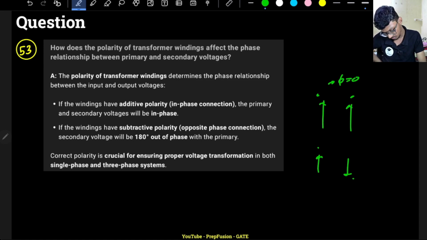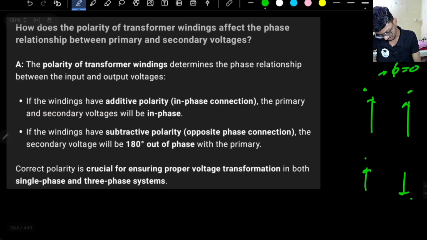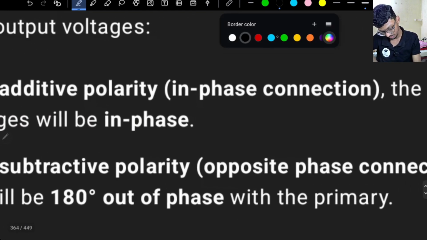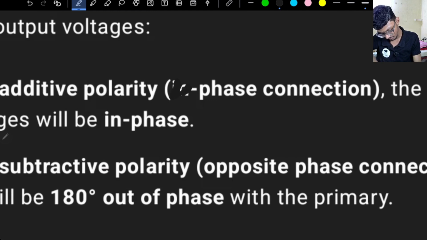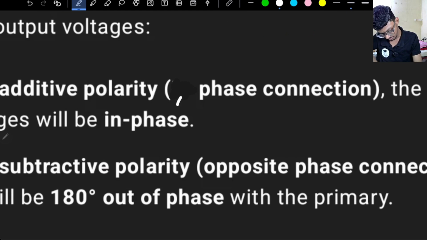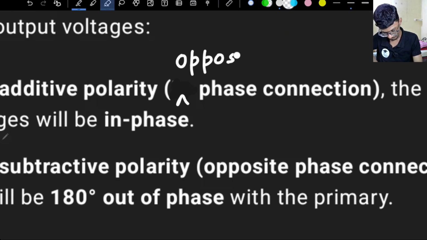Here, if the windings have additive polarity, that means it is an opposite phase connection. It is written wrong here; it is an opposite phase connection.